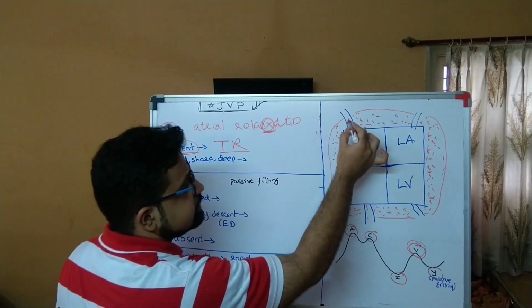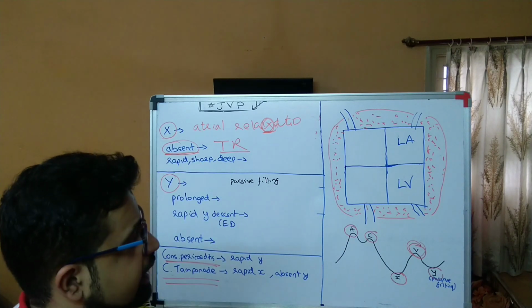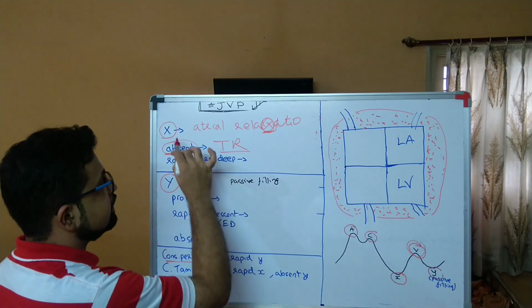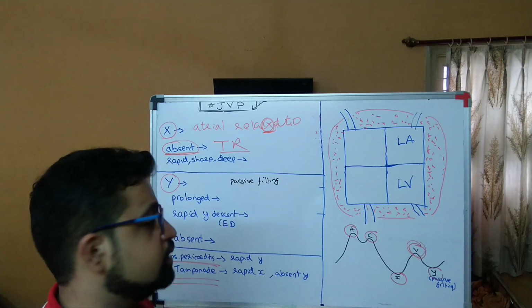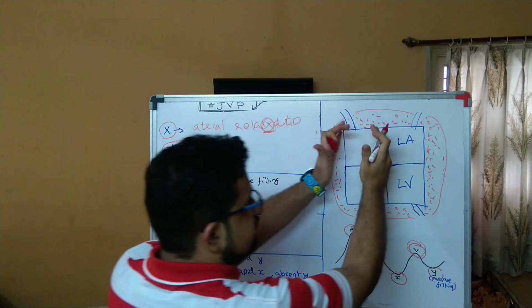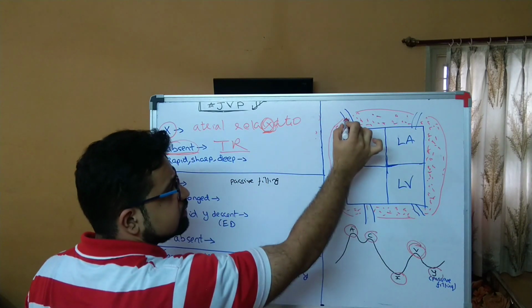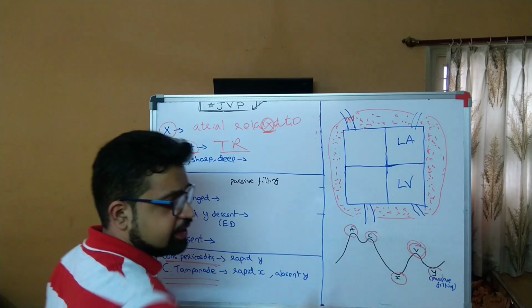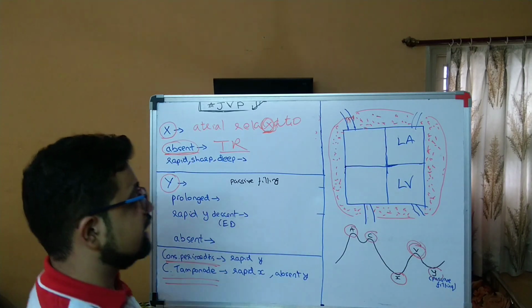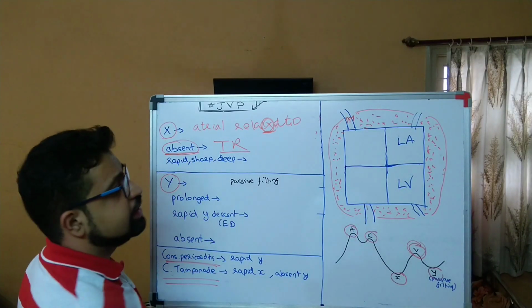There is rising JVP. So what happens in cardiac tamponade is, in the cycle when X descent waveform occurs, as soon as the atrium relaxes, because the jugular venous pressure, because of the blood in the pericardial space, is much higher, there is quick rapid filling of the right atrium.